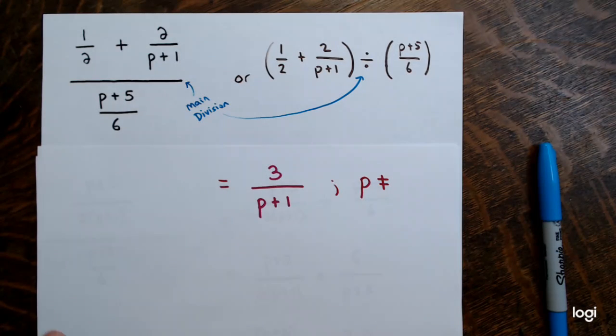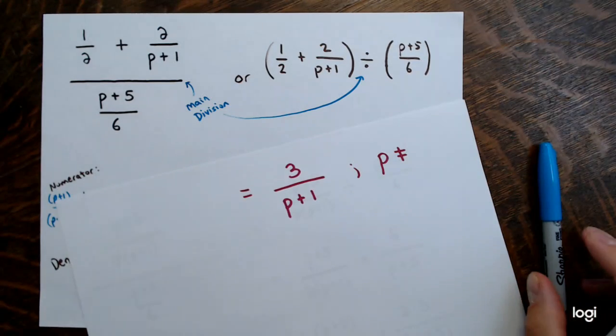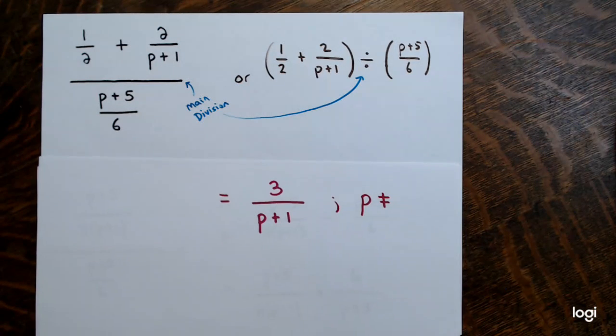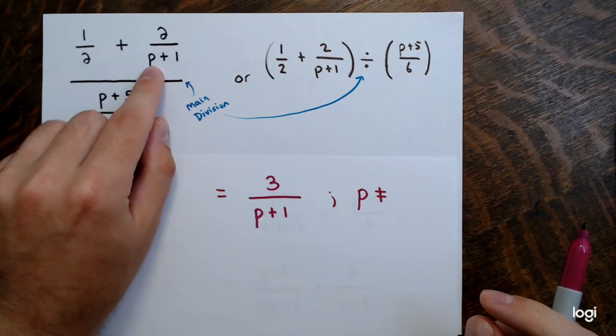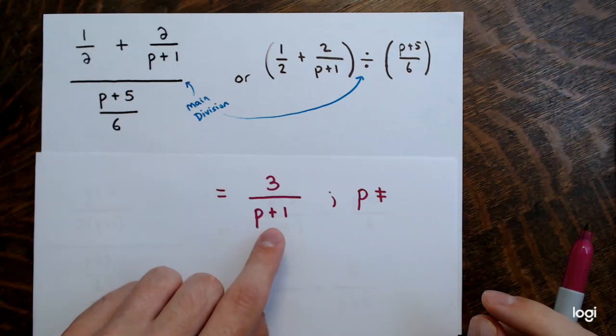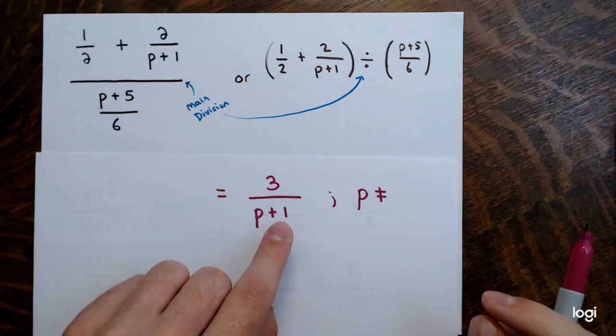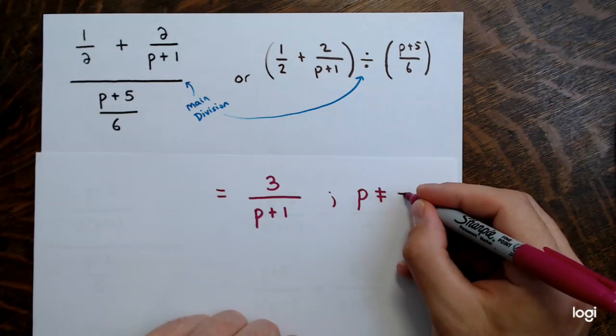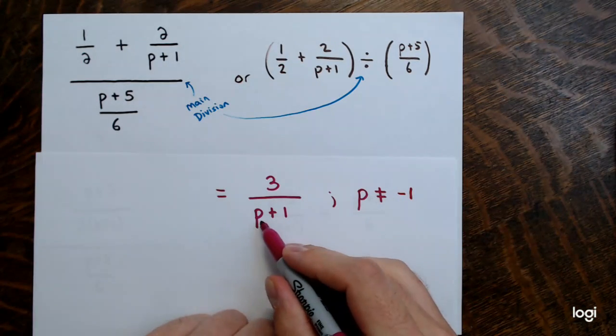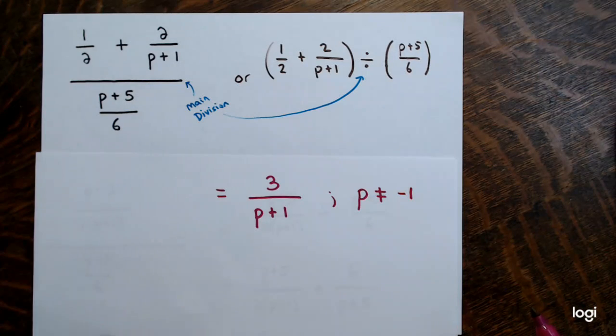Let's look back through the problem and see, is there ever a denominator with a variable in it that could possibly be 0? Right away I'm seeing there's a denominator p plus 1, and that's even in the denominator at the end. P plus 1 is a factor in some denominators. So p cannot be replaced by the number -1, because -1 plus 1 would be 0. You'd be dividing by 0 at some point, and that's wrong.